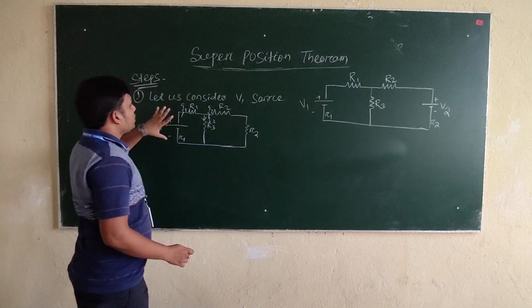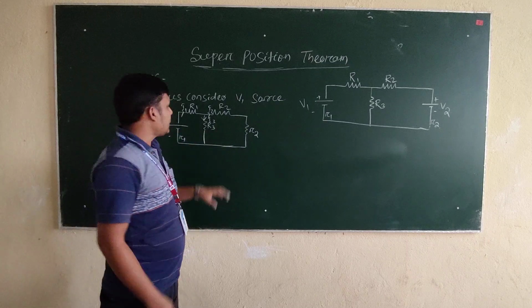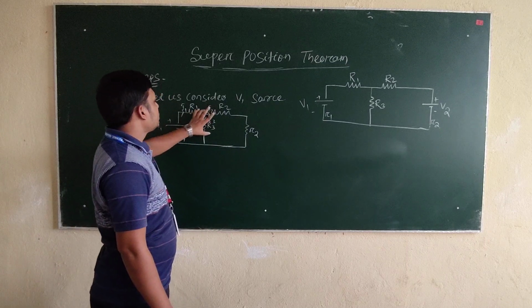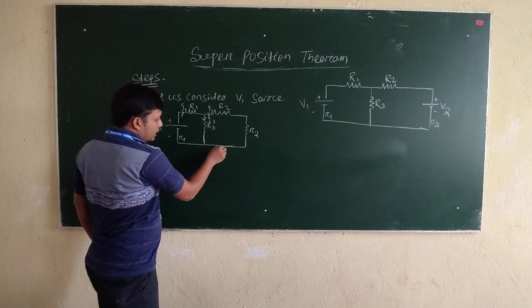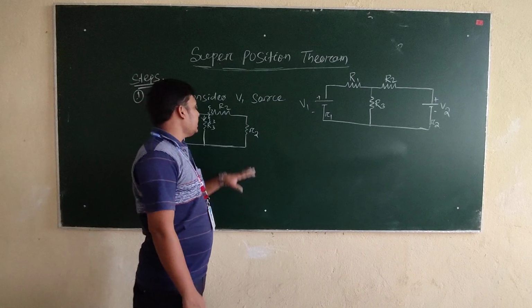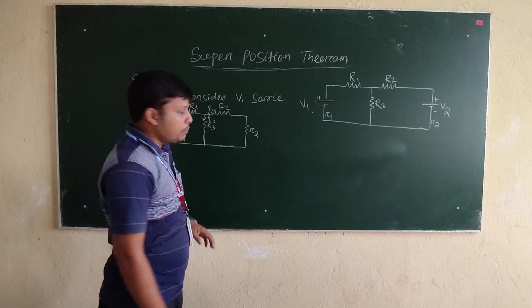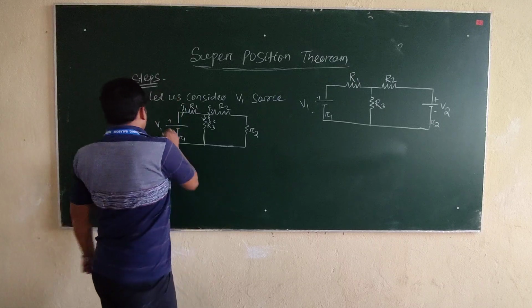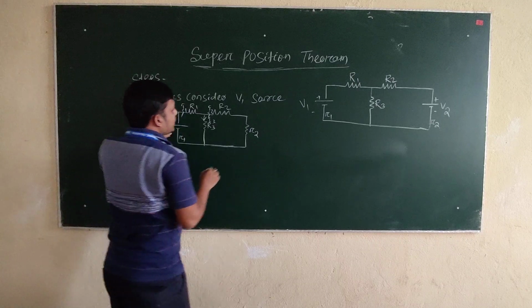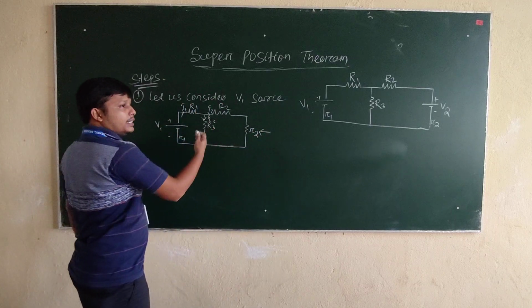Before calculating the currents, we have to calculate the total resistance of this given circuit. As I have discussed in before videos, how we calculate the total or equivalent resistance of a given circuit: if the source is present here, then we calculate the equivalent resistance from this side.